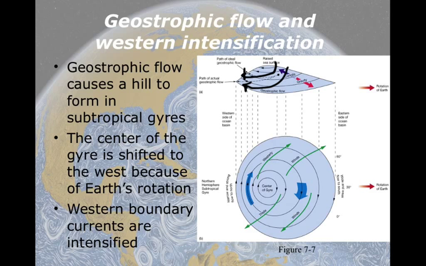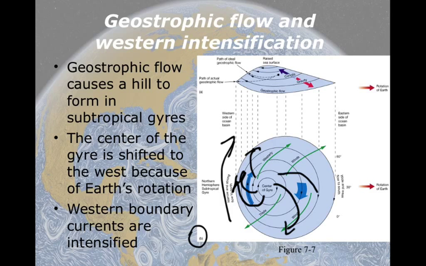What effect does this actually have on currents? It causes something we call western intensification. Now, if we switch back to B and look at it from above, the western boundary current is over here. As that water slides off of that hill, it's going to be fastest, because the hill is closest to the western side of the gyre.